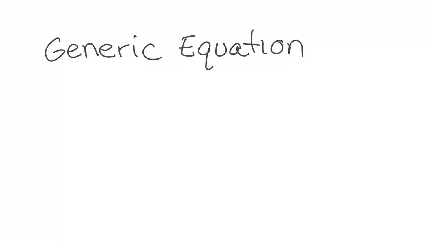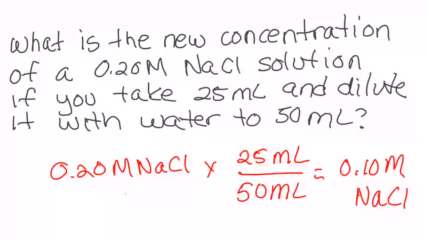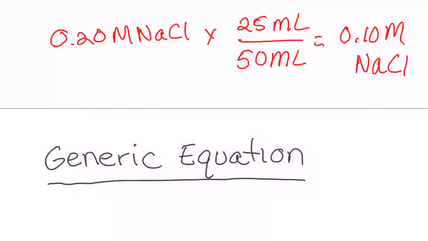So if I want to use this for more complicated problems, it's easy to use something we call a generic equation. So instead of using the specific numbers, I'm going to turn those into letters and symbols that I can use in other problems. So what did I have here? Here I had 0.20 molar sodium chloride.